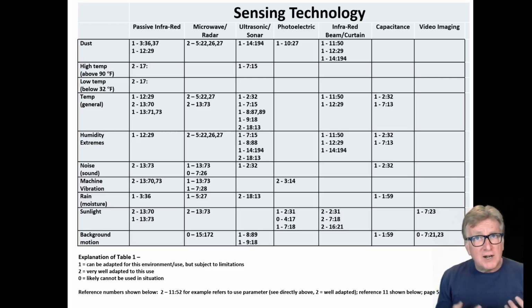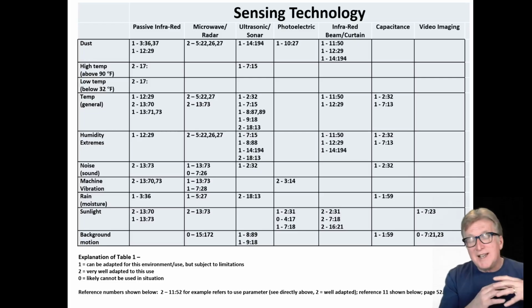But then we had a bunch of criteria. We wanted a sensor system that would be robust. It would reliably detect people. It would not be prone to false alarms. And those were all givens. We also wanted it to be robust in all of these different environmental conditions.